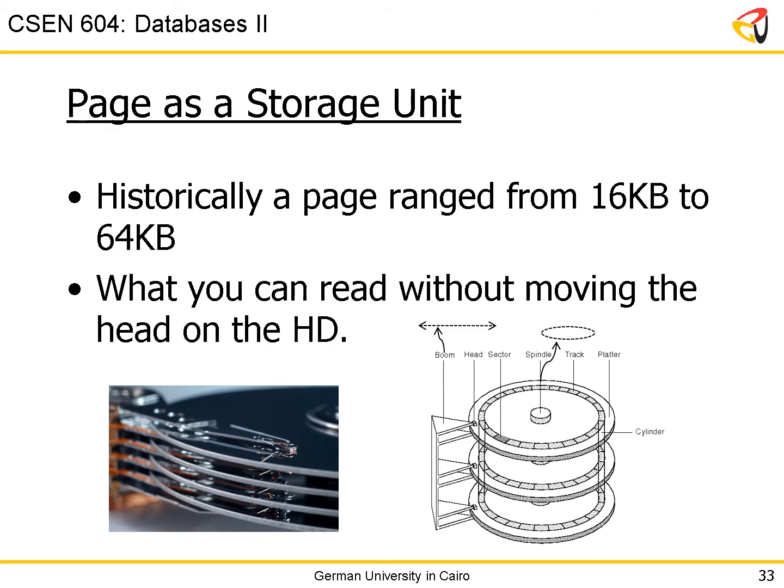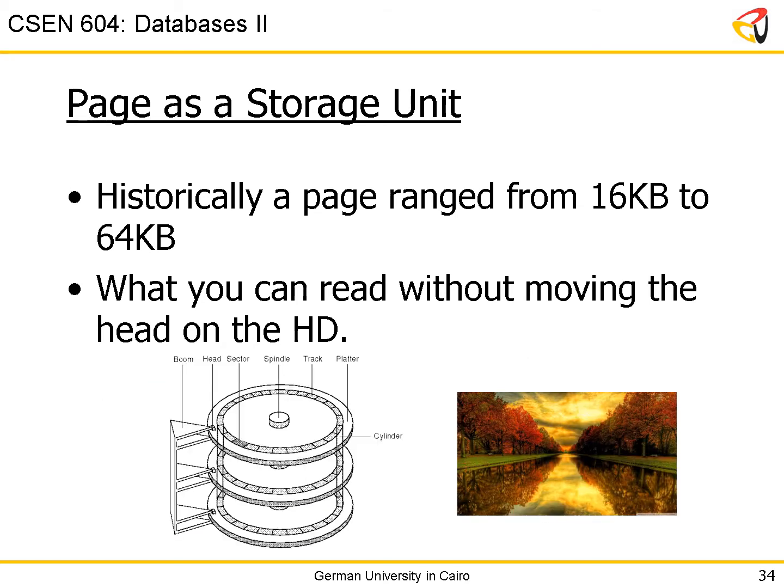Okay? Let me try to give you a little bit of a concrete example. Let's say I would like to store this image on the disk. And let's say that the image is huge in size compared to the sector size.